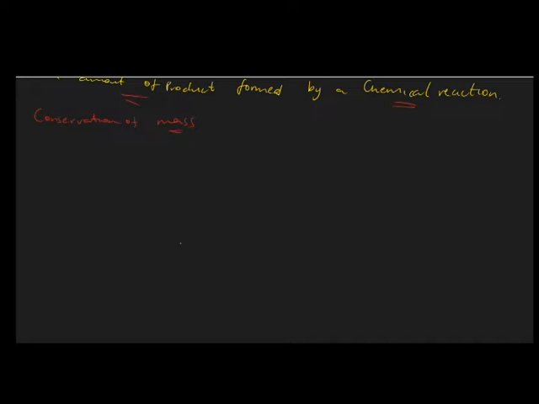So why am I telling you that? It's because when you are dealing with a chemical reaction, you have reactants, you have products. Therefore, that means that you have to make sure that the mass of reactants is equal to the mass of the products. So that's where we're going with this.